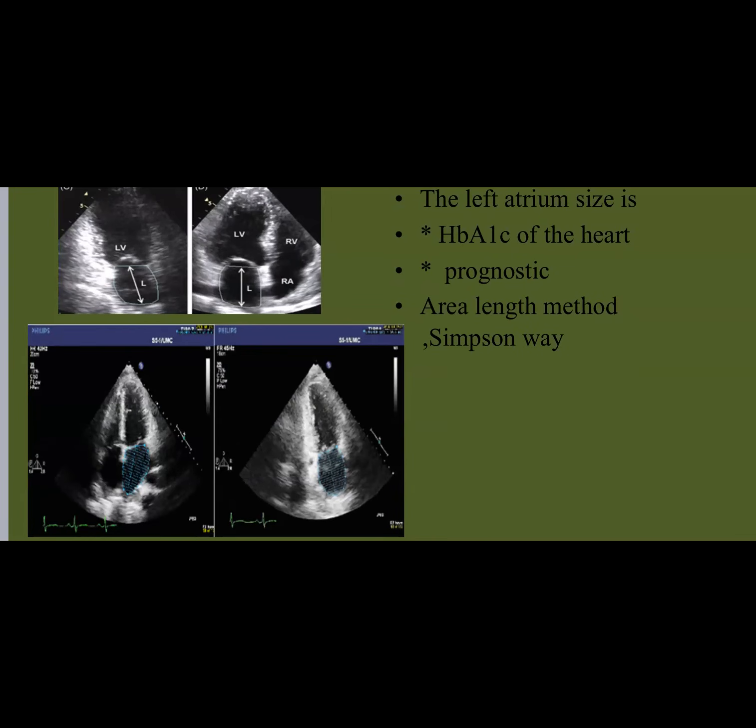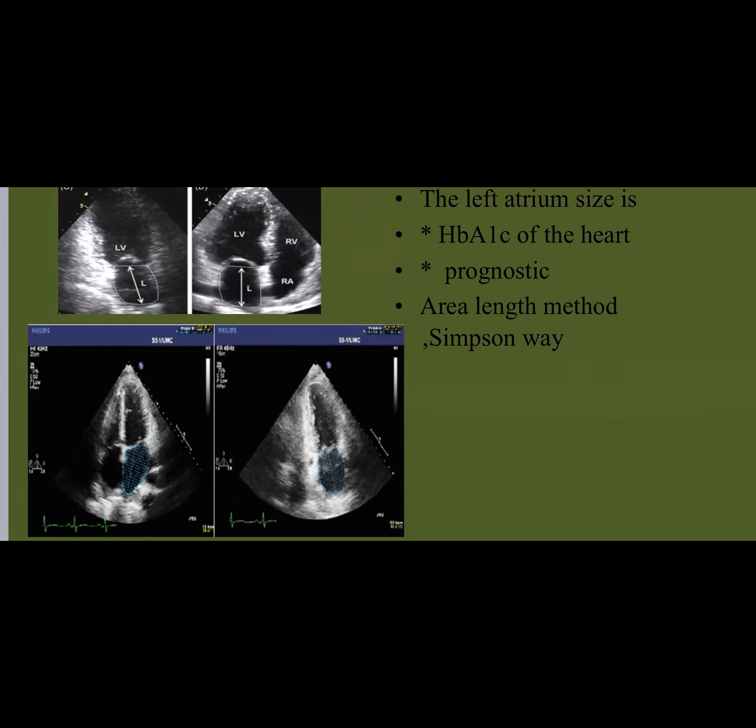And the Simpson way, the same way, Simpson. They measure it by Simpson in the apical 4 and apical 2, and you get the volume. And again, we have the LA volume index, where we divide the volume we obtain by Simpson over the body surface area. Okay? And now the LA volume index is part and parcel of every echo.